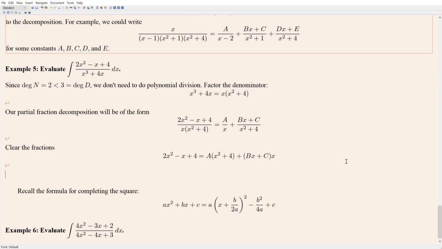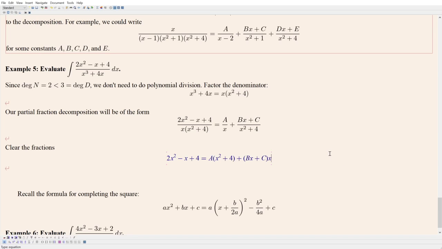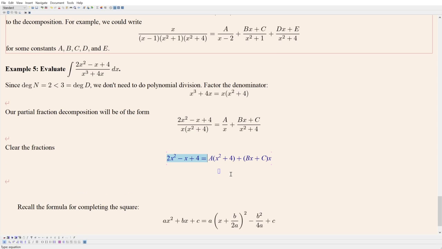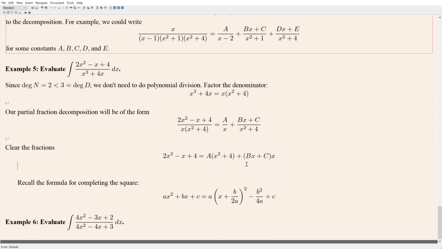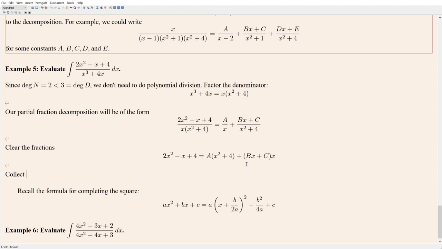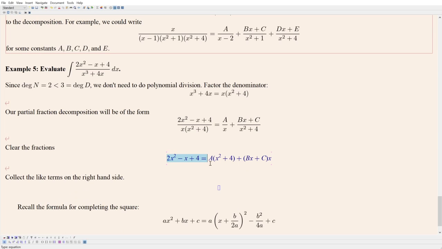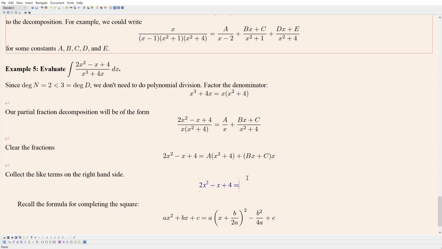And now, to figure out what a, b, and c are, we equate the coefficients. First off, let's continue expanding the right-hand side so that we collect together all of the like terms. If I distribute this through, I get ax squared plus 4a.